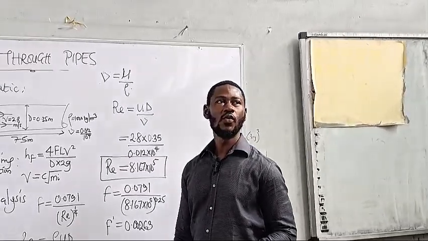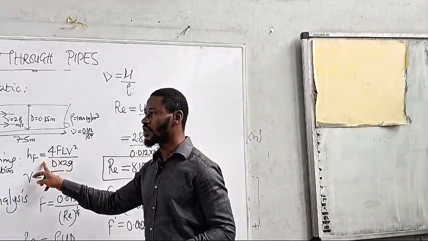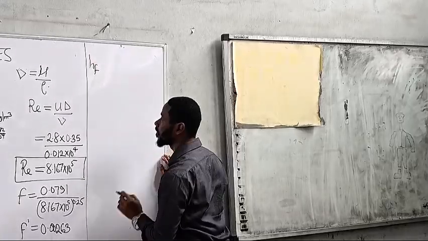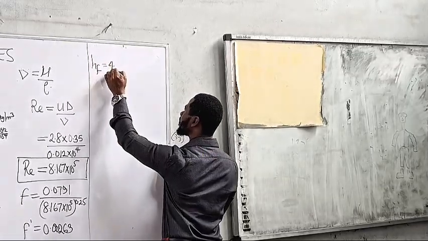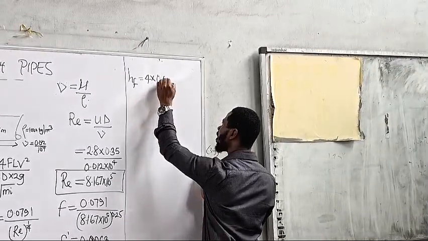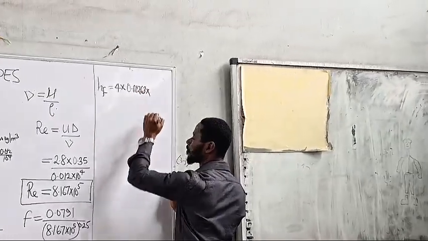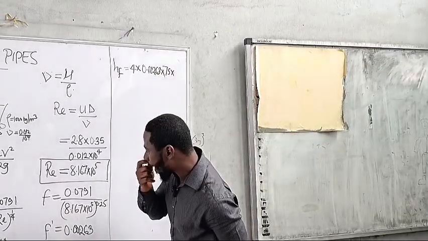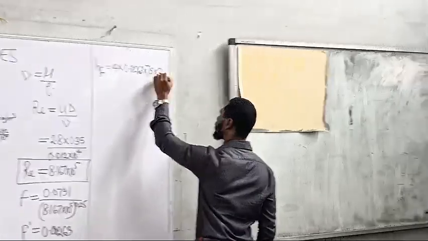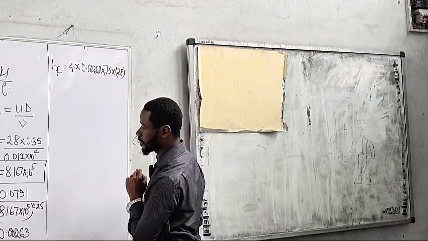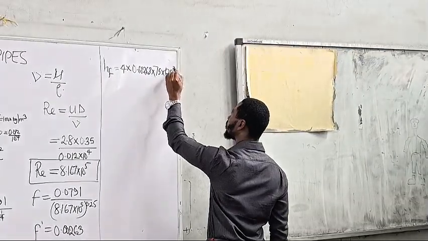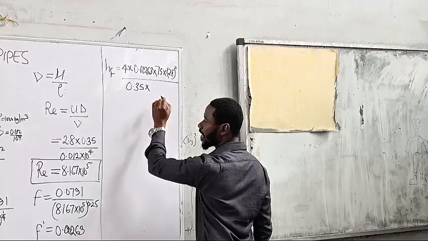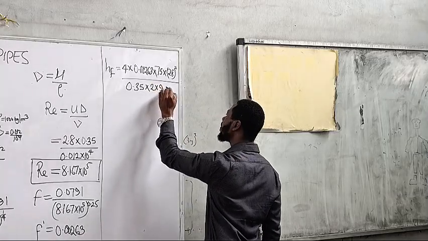Now, what are we going to do now? We are going to go back to the equation of Darcy-Weisbach and substitute all the values. hf becomes 4 multiplied by F, F is 0.00263, multiplied by L, L is given as 75, then multiplied by V, 2.8, raised to the power of 2, divided by D, 0.35, multiplied by 2 multiplied by 9.81.